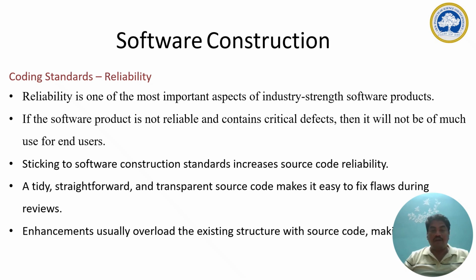If the software product is not reliable, then critical defects will occur. If a particular software is not working properly or malfunctions, then the total software will fail, and we can't achieve the purpose for which we developed the software. So our software should be reliable.